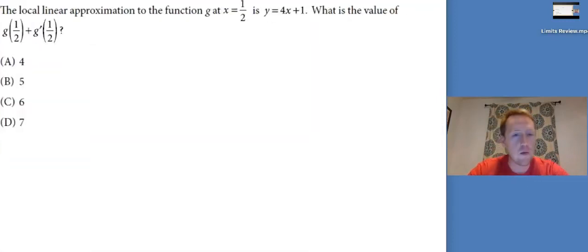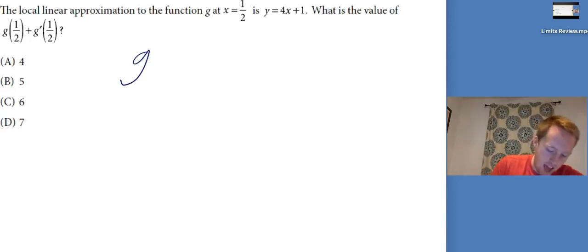The local linear approximation of the function g at x equals 1/2 is y equals 4x plus 1. What is the value of g of 1/2 plus g prime of 1/2? Well, g of 1/2 I should be able to get by just plugging 1/2 into this line because they made the tangent line at that value.